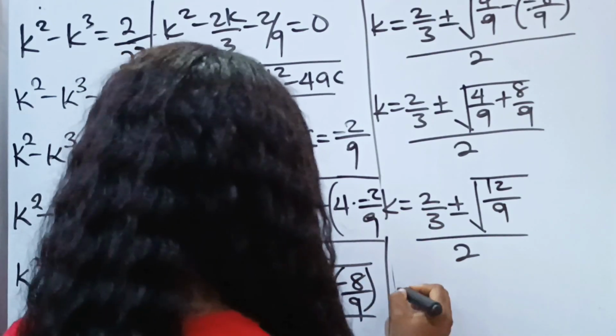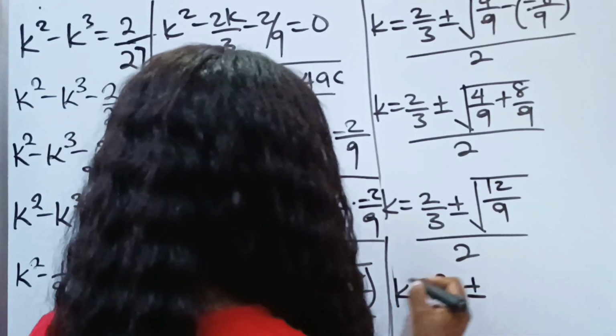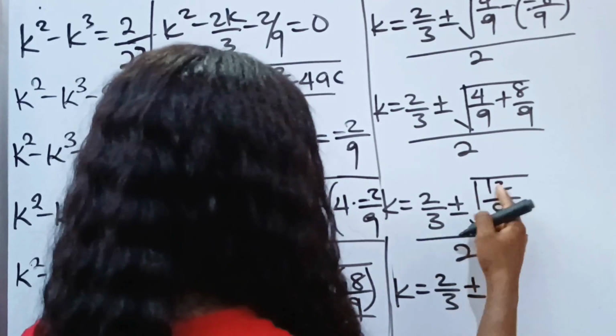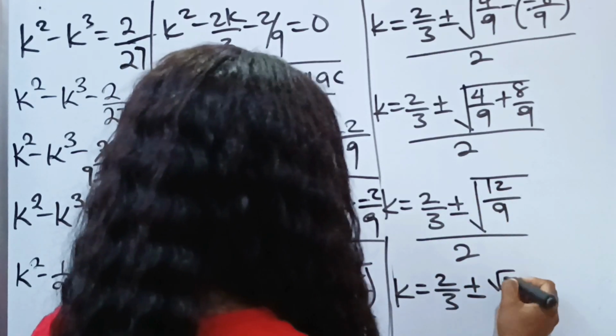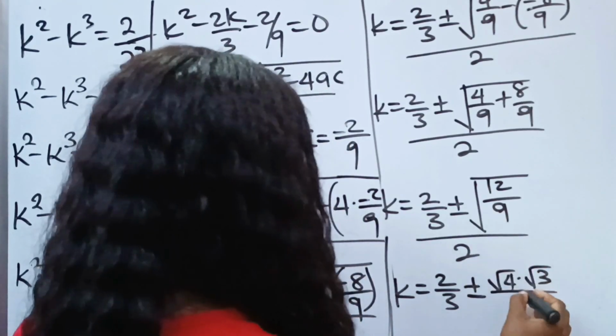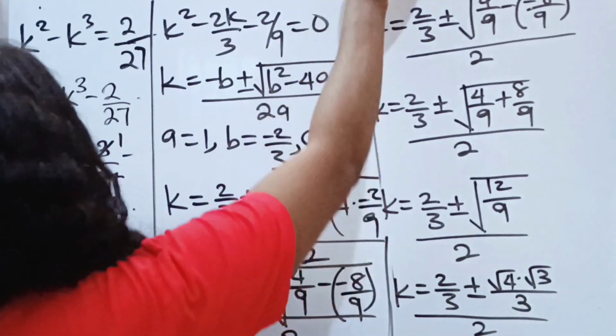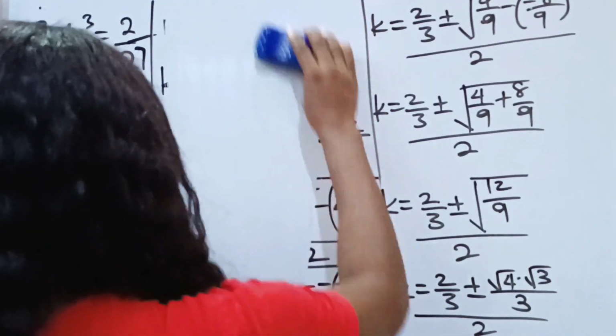So we now have that k is equal to 2 over 3 plus or minus, now the square root of 12 is the same thing as the square root of 4 multiplied by the square root of 3, and the square root of 9 is 3 already, divided by 2. Please permit me to clean here as well.